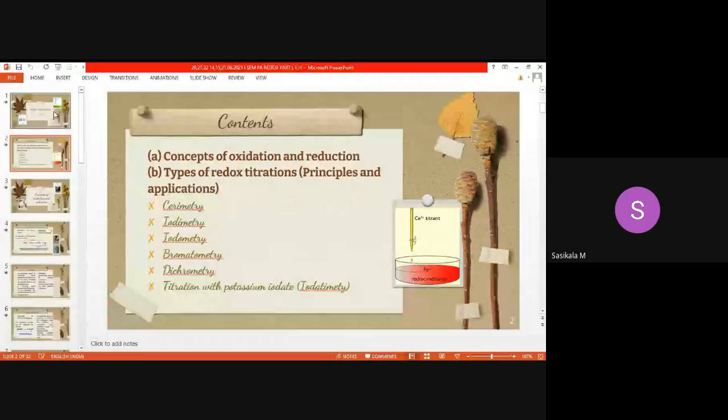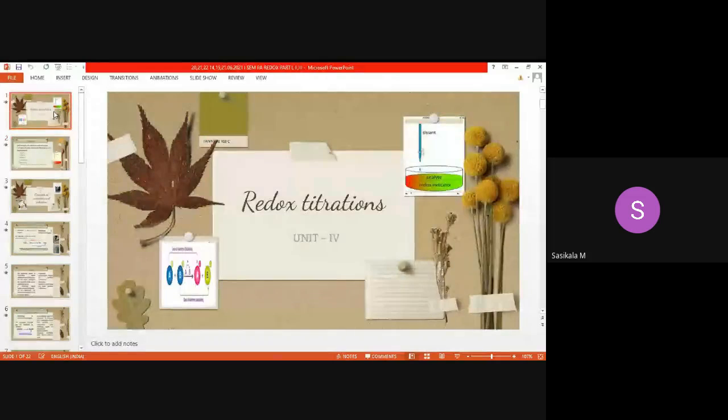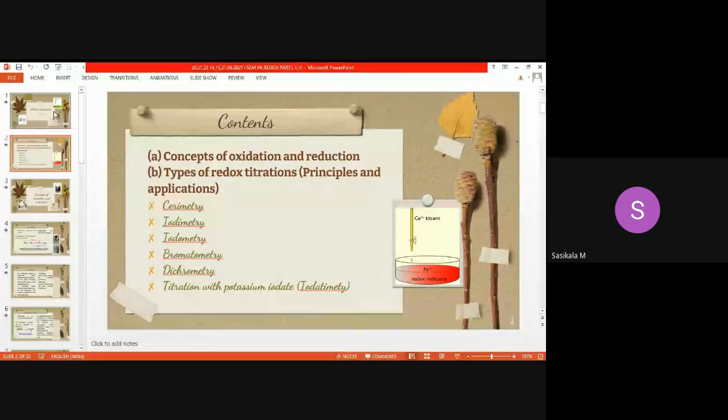We have seen, as per your syllabus, the concepts of oxidation and reduction. This is what we discussed in the last class. And the B part, types of redox titration, that is principles and applications of cerimetry, iodimetry, iodometry, bromatometry, and dichrometry, and another one is iodatometry.